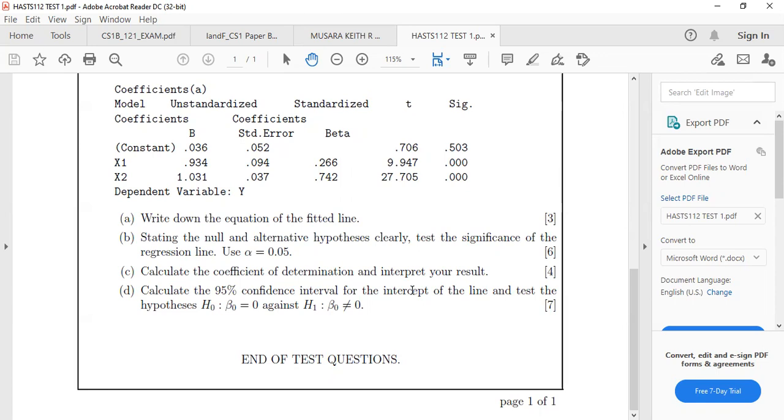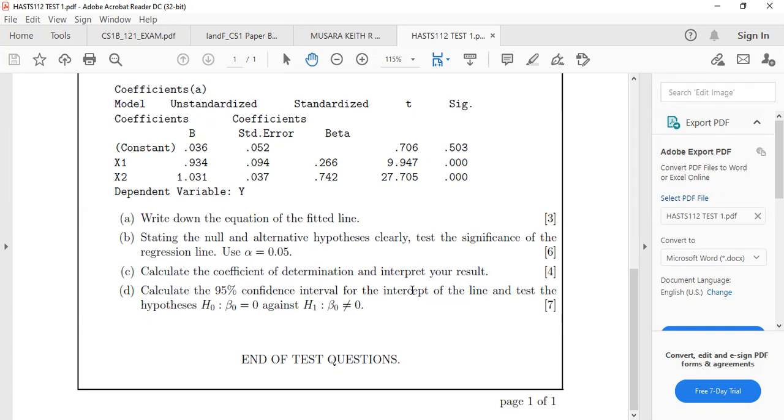The standard error of beta naught is the root of S squared open bracket 1 over n plus x bar squared over Sxx, close bracket, except for the S squared. I think S squared will also be in the brackets.